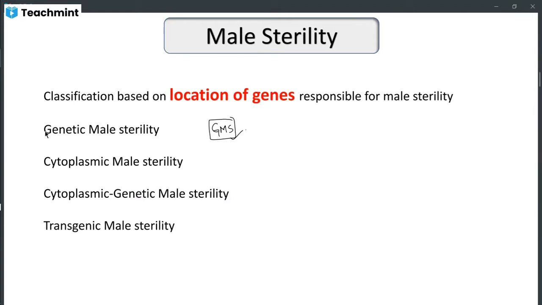In genetic male sterility, the name itself indicates our gene is located in the nucleus, right? Whereas in cytoplasmic male sterility, the genes are located in the cytoplasm. In the case of CGMS, that is the third type, it is located in both the cytoplasm as well as the nucleus. And the last one, transgenic male sterility, means you will be using genes from other organisms to cause male sterility in the crop plants.